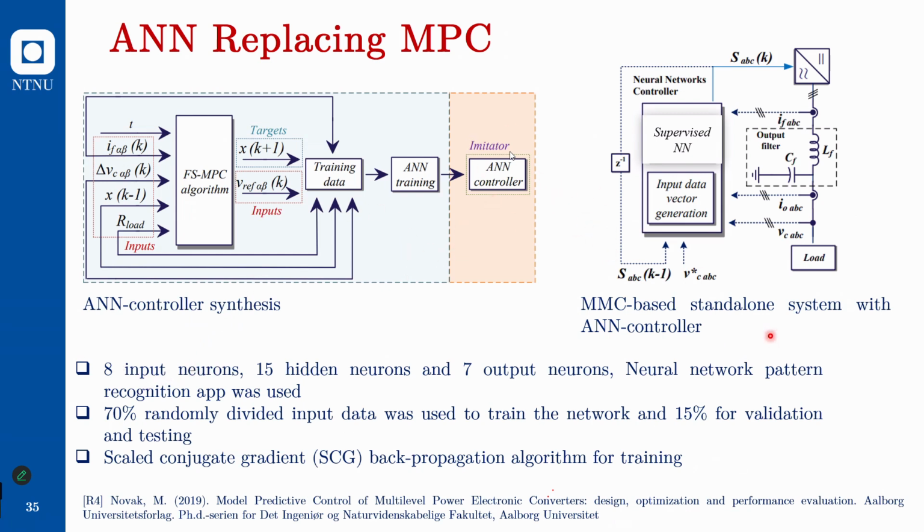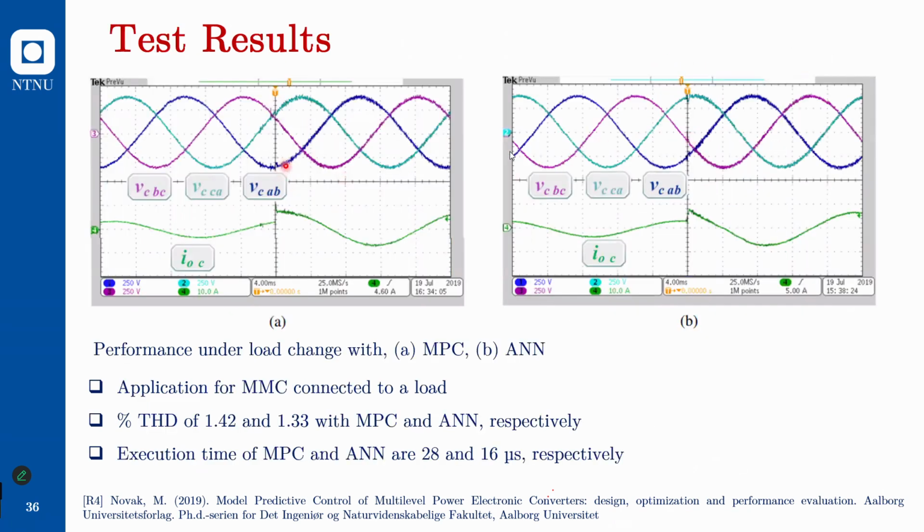We execute it for a certain duration of simulation, collect all the input and output data, and train the neural network. Once it is trained, you deploy it online to control the voltage source converter, removing the whole MPC controller. One of the results I present here is under a load changing condition.